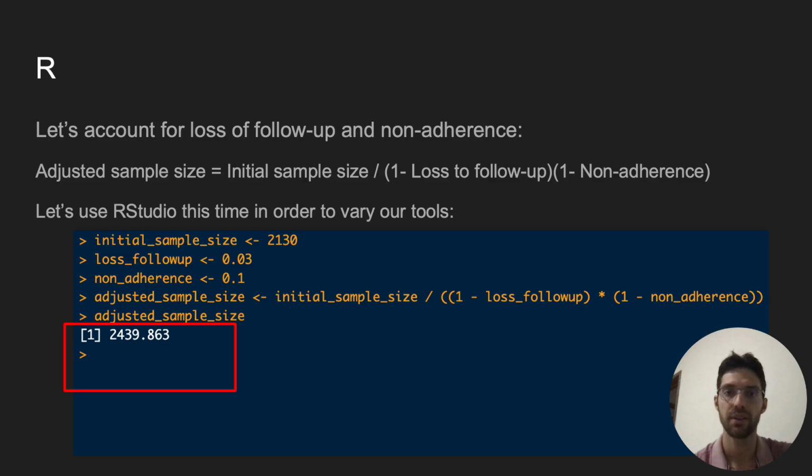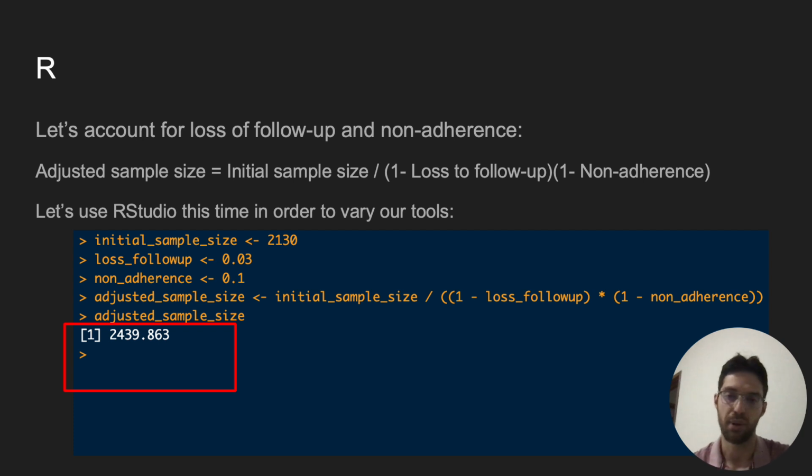Now I am using another application just for the sake of practice. So let's go to RStudio, where I assigned a few variables. I assigned initial sample size, loss of follow-up, non-adherence, and put everything together in a formula of adjusted sample size, which is the initial sample size divided by 1 minus loss of follow-up times 1 minus non-adherence.